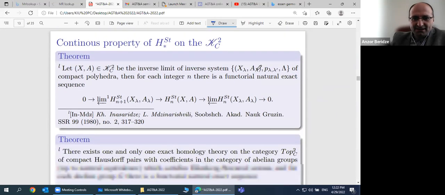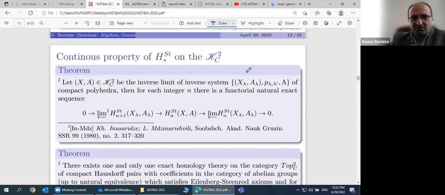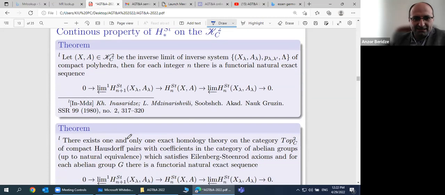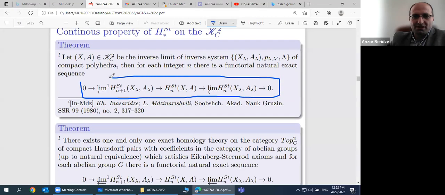And recently, the second uniqueness theorem was given by Inasaridze and Zinarishvili. And the Milnor short exact sequence is given now on the category of compact topological spaces. By Milnor, this formula was known only for compact metric topological spaces. And in this paper, it is done for any compact topological spaces.